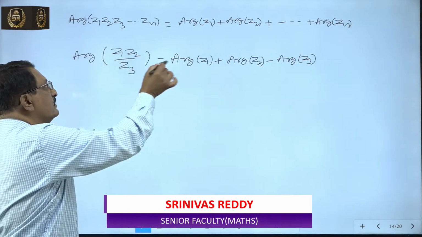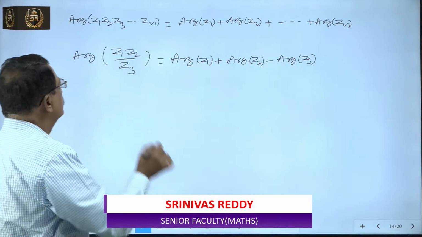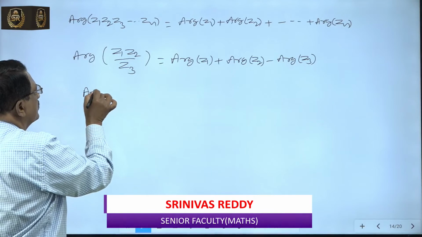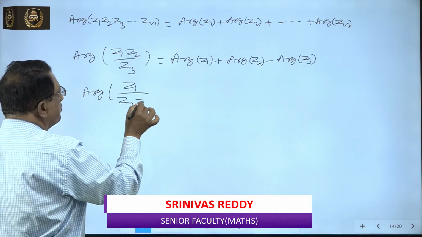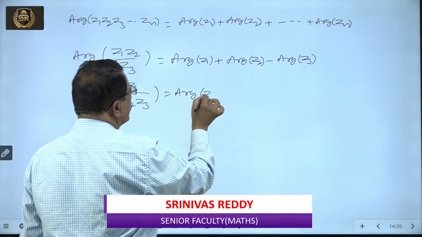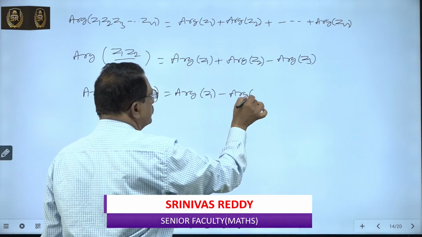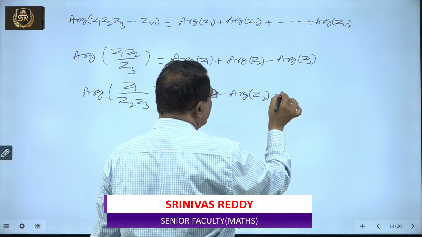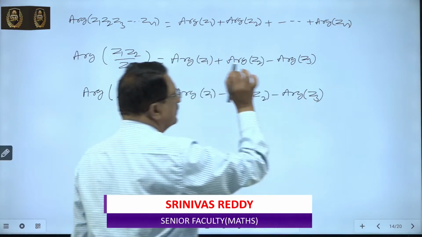For denominator terms we get a negative sign. Similarly, argument of Z1 by Z2 Z3 equals argument of Z1 minus argument of Z2 minus argument of Z3, and so on, like that we get.